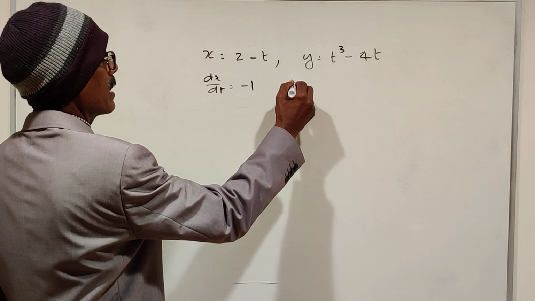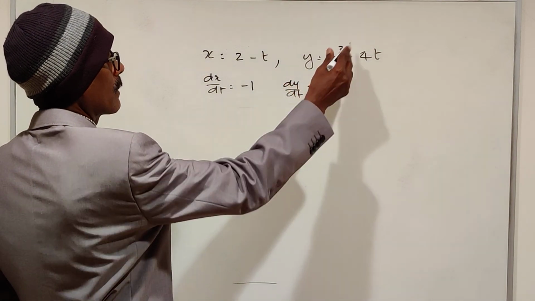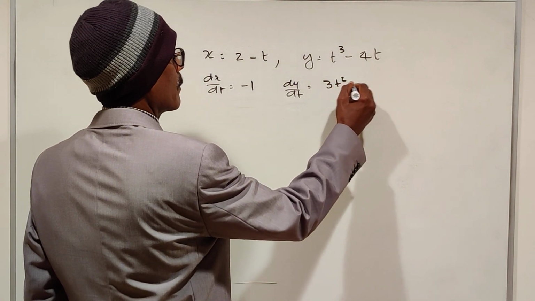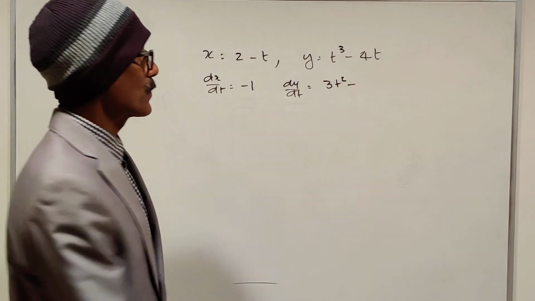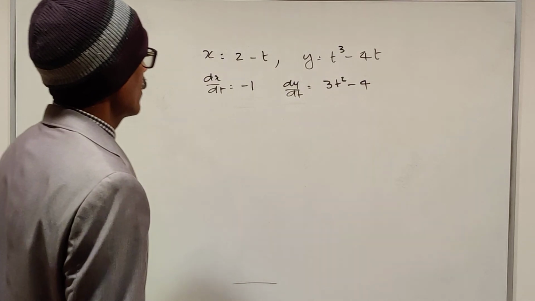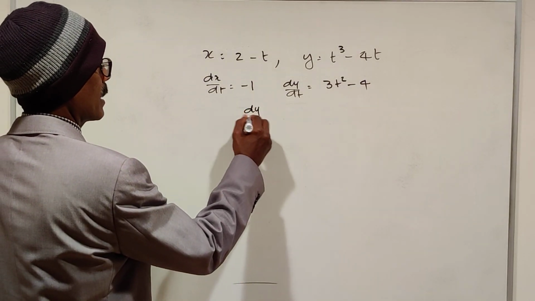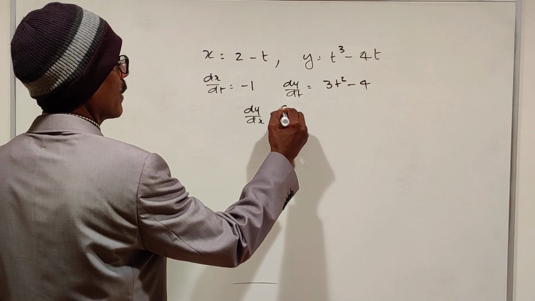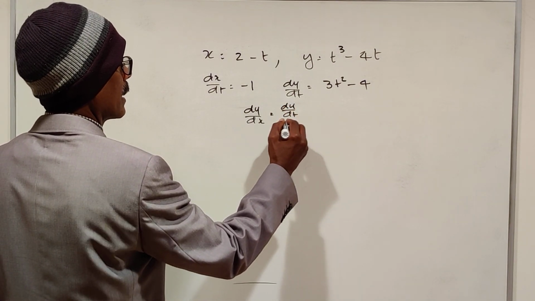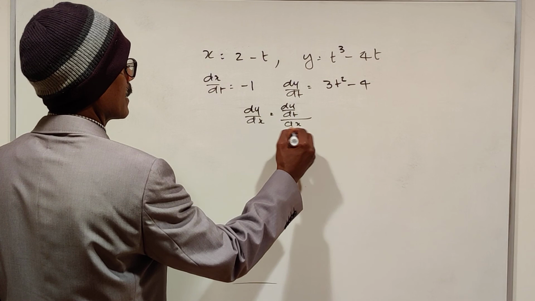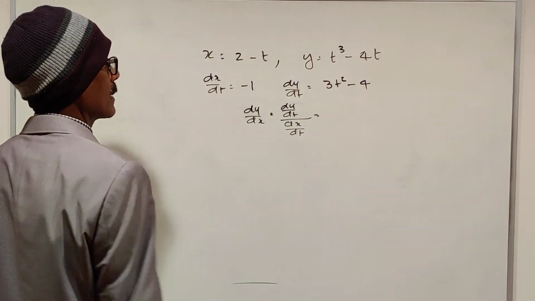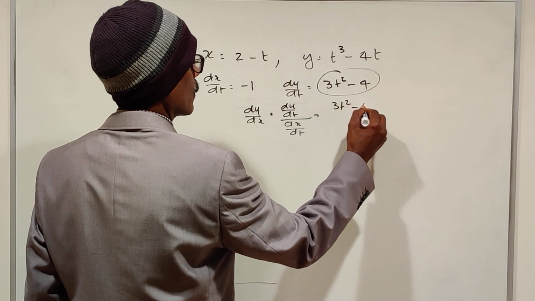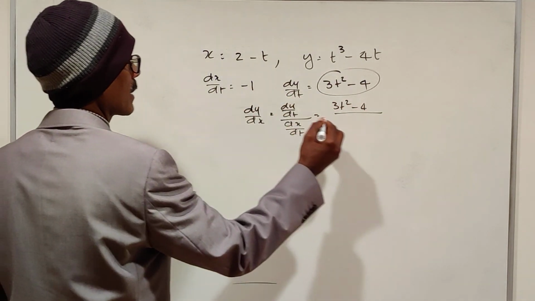Then dy by dt equals, what is the derivative of t cube? 3t square minus derivative of 4t is 4, minus 4. Okay, dy by dx equals dy by dt divided by dx by dt, which is 3t square minus 4 divided by minus 1.